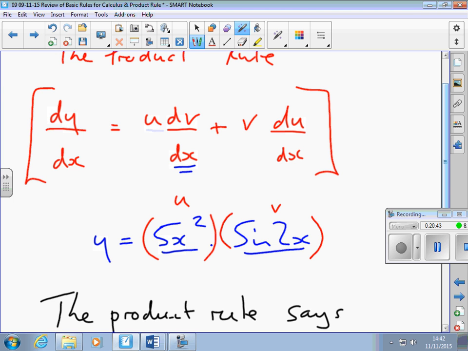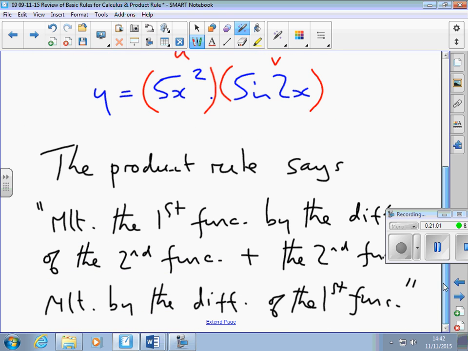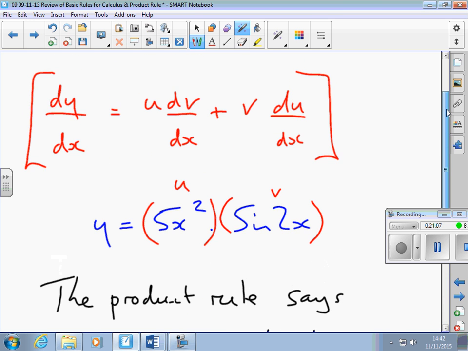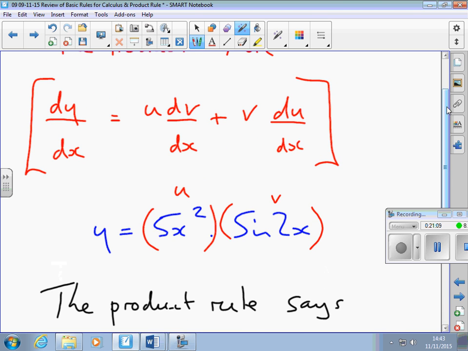And then I add v, the second function, multiplied by the differential of the first function, the differential of this, in other words. So it's just a little rule that we use. You take the first function, multiply it by the differential of the second, and add the second function multiplied by the differential of the first. I've written that out in words here. So in words, that's the product rule stated, but that's how you would write it using mathematical notation.